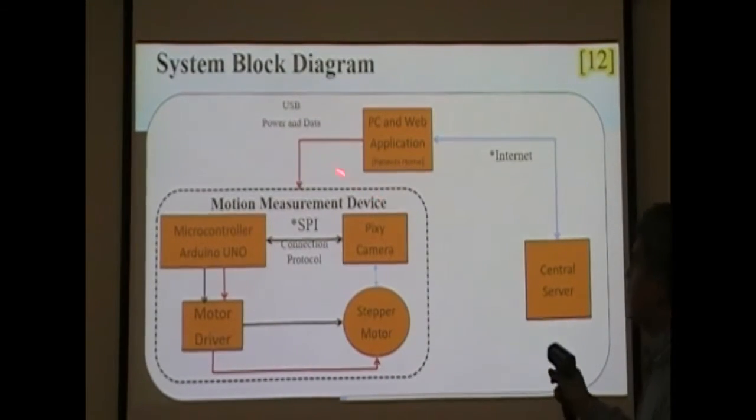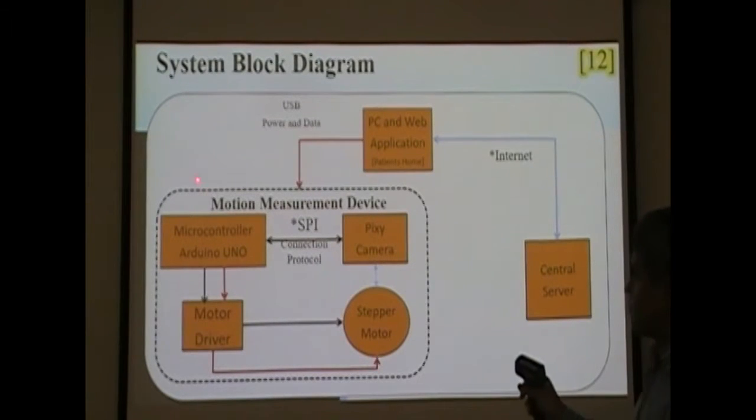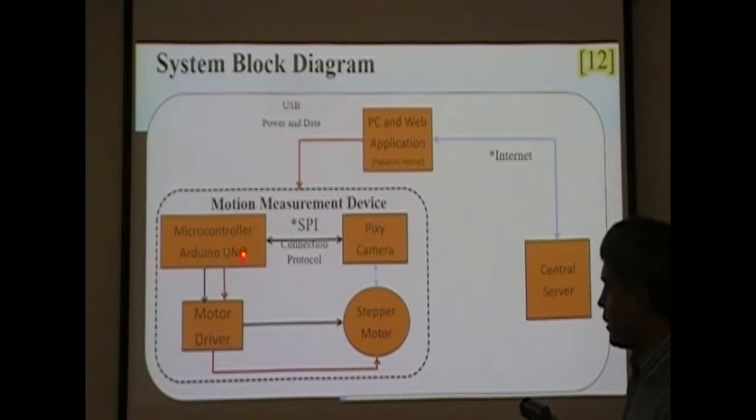This is our system block diagram divided into 3 sections: motion measurement device, local web PC application, and central server where all the data is collected. In the motion measurement device, we have the microcontroller UNO connected to the Pixie Cam. It communicates through the SPI protocol.